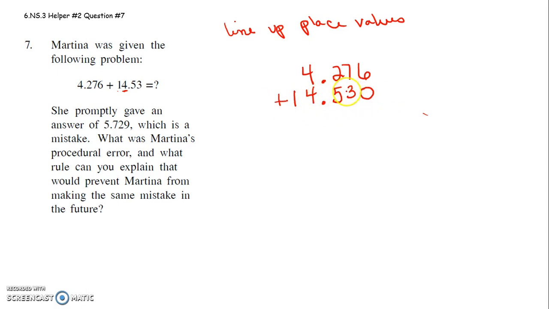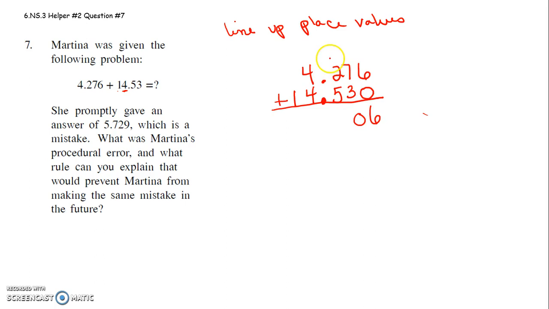The key to adding decimals is to line up your place values. And now that my place values are lined up, my thousandths place, my hundredths place, my tenths place, my ones place, my tens place, I can now just go ahead and add these numbers. 6 and 0 is 6. 7 and 3 is 10.